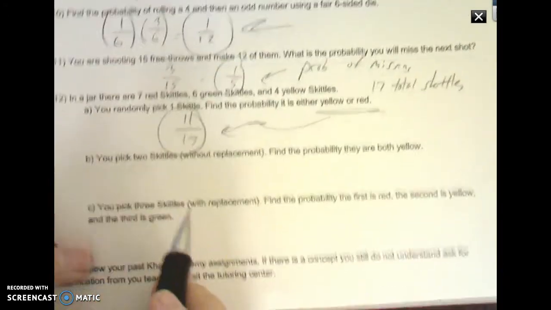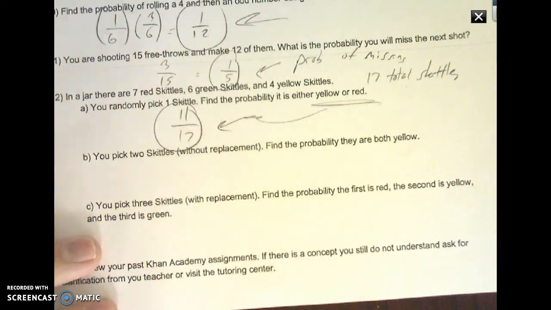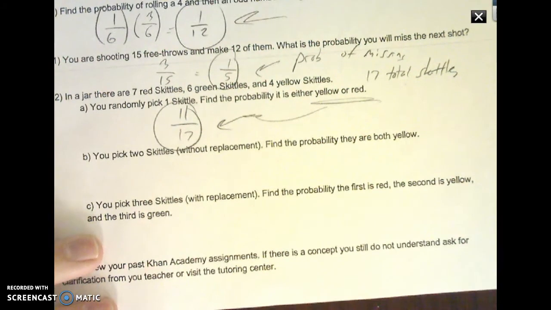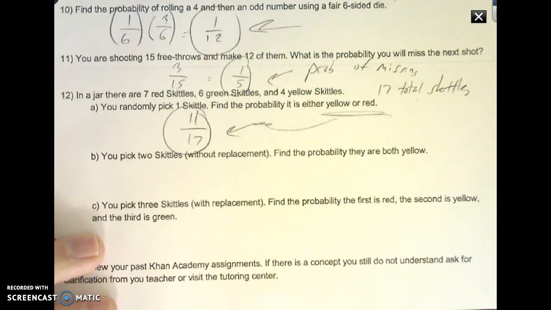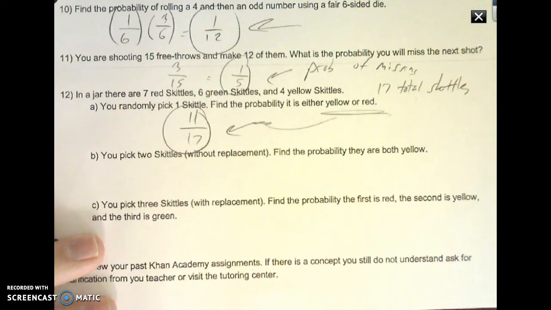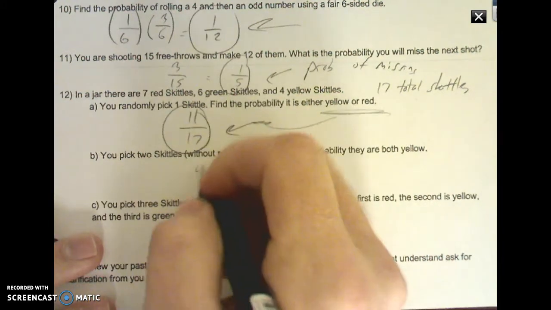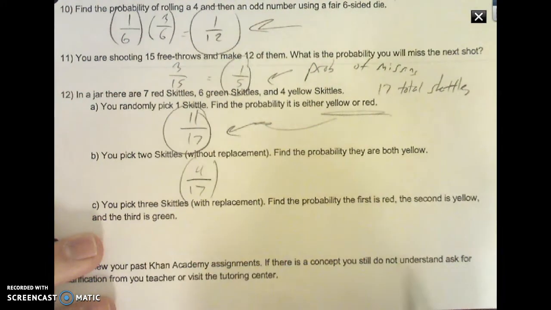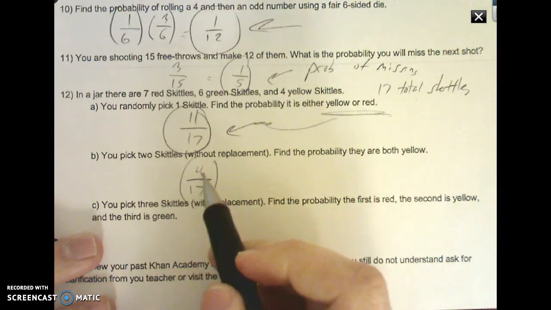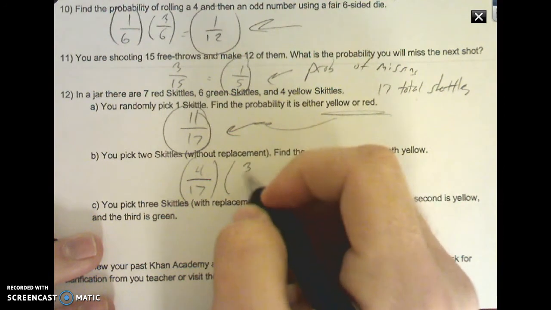Okay. Now, here comes the idea of without replacement and with replacement. You pick 2 Skittles without replacement, which means after you take it out, you don't put it back. Find the probability they're both yellow. Well, initially, you have 4 out of 17 chance of picking out a yellow. If you don't put it back, that 4 now goes down to a 3.